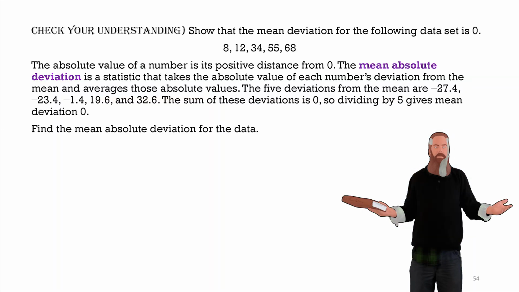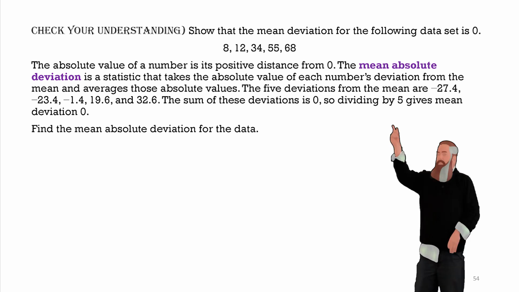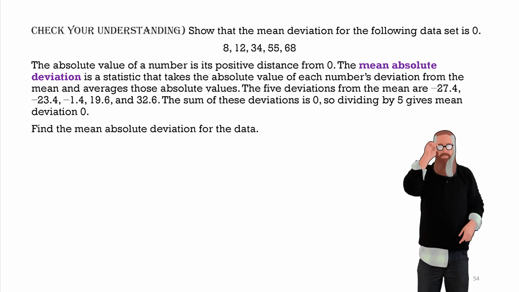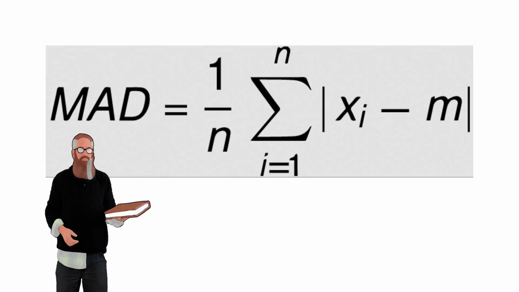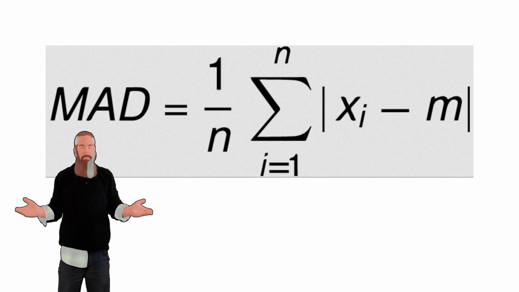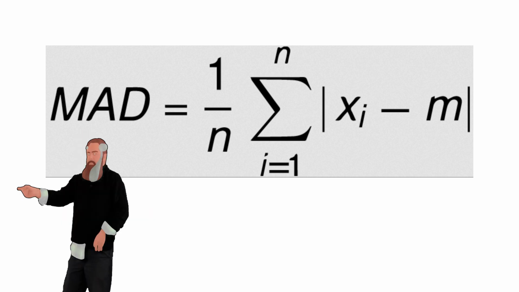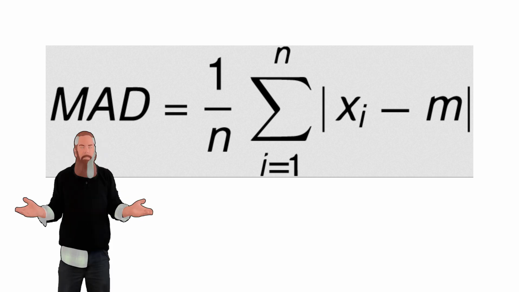Let's check our understanding of this and show the mean deviation for the following data set is 0. The absolute value of a number is its positive distance from 0. The mean absolute deviation is a statistic that takes the absolute value of each number's deviation from the mean and averages those absolute values.